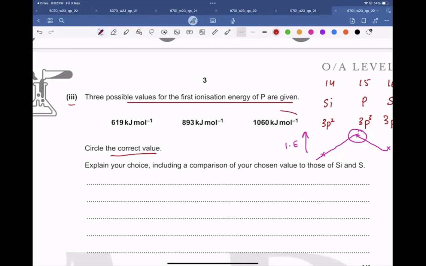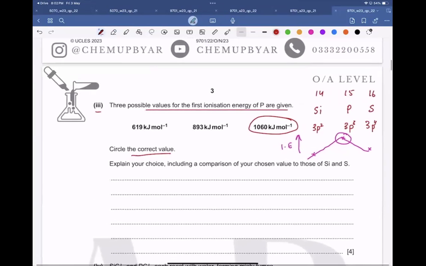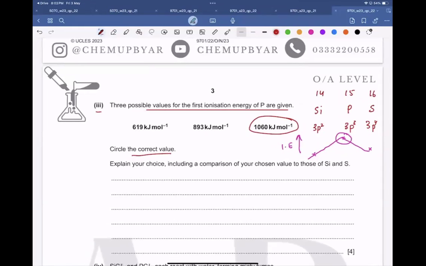The correct value would be 1060 kilojoules per mole. Is this understandable? No, it will be higher than sulfur, it's not lower than sulfur. Omar, I have just explained to you that it's higher than sulfur.